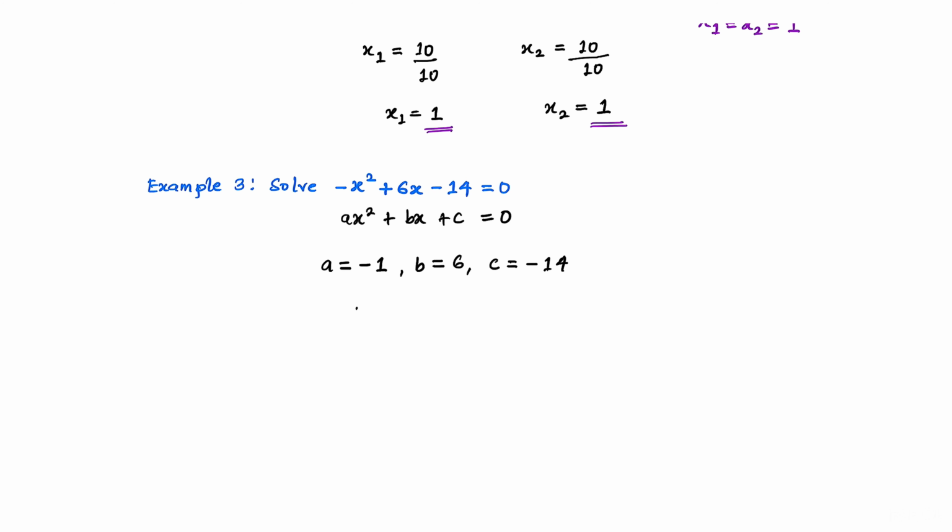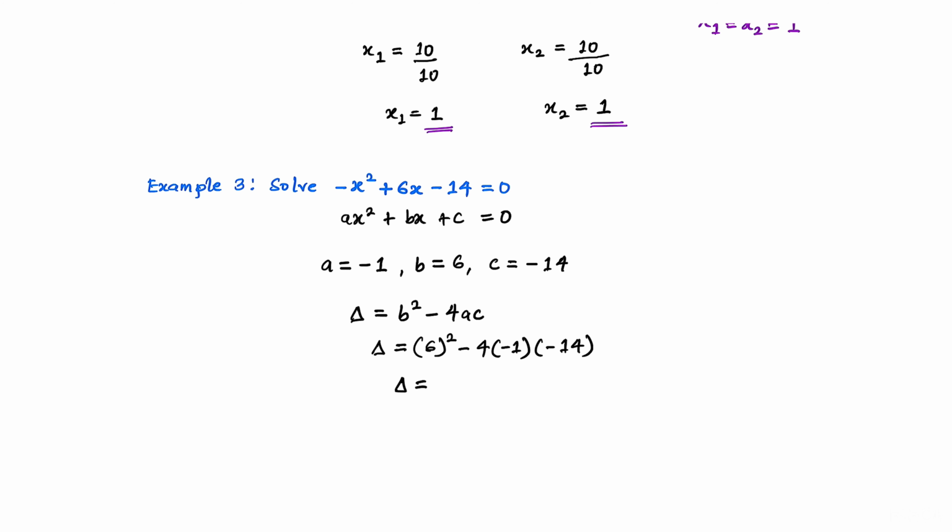So next we find delta, the discriminant. So we know that the formula for the discriminant is b squared minus 4ac. So delta equals b squared, b is 6. So 6 all square minus 4. The value of a is negative 1 and the value of c is negative 14.